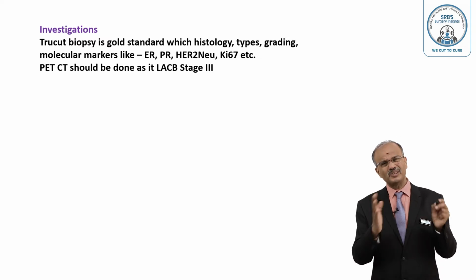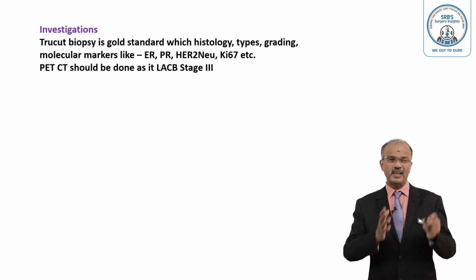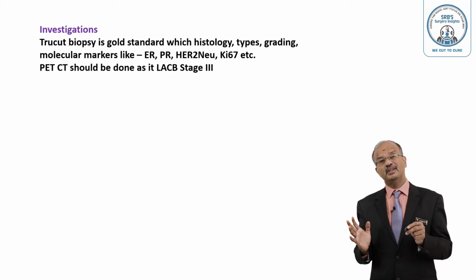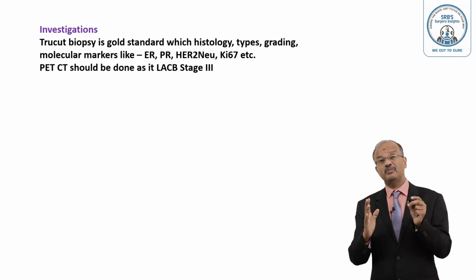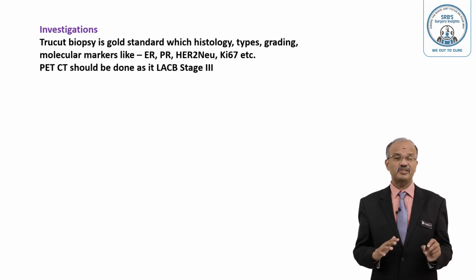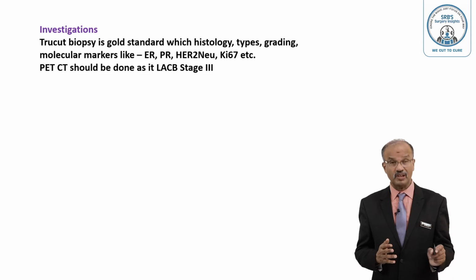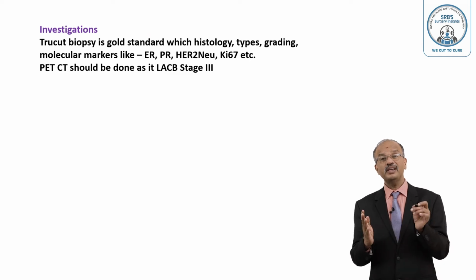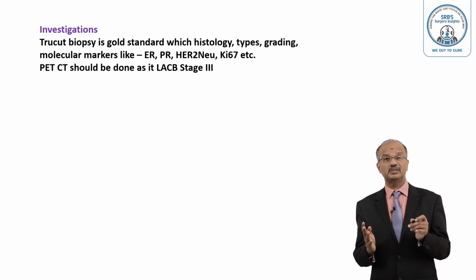That is mainly for T3 lesions. Mainly chest CT, ultrasound abdomen, and liver enzymes in early breast cancer. But for a malignancy like this, PET-CT is the investigation of choice for a metastatic workup, to see whether bone is involved. All of you know the commonest bone is the spine, in that the lumbar spine, and the pelvic bones.